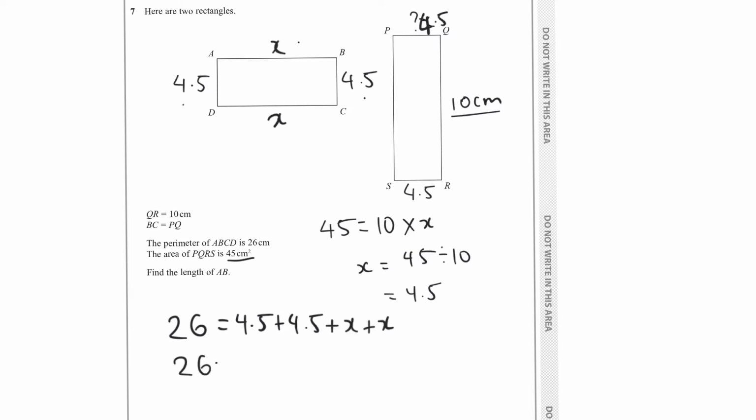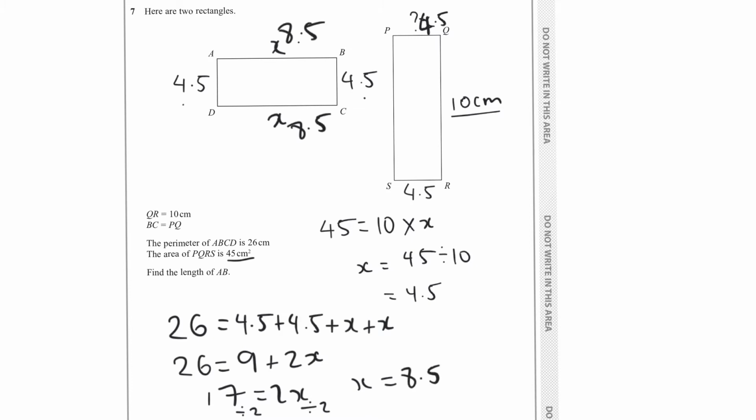So 26 would be equal to 9 plus 2x, and so 17 would be equal to 2x, so divide both sides by 2, so therefore x is equal to 8.5. So now we know these lengths, and because it wants us to work out what AB is, we therefore know AB is 8.5 centimeters.